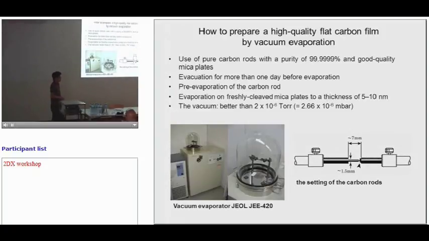So I will show you how to prepare high quality carbon film by vacuum evaporation. We are using pure carbon in order to prepare flat carbon film, which is set in the vacuum evaporator here.